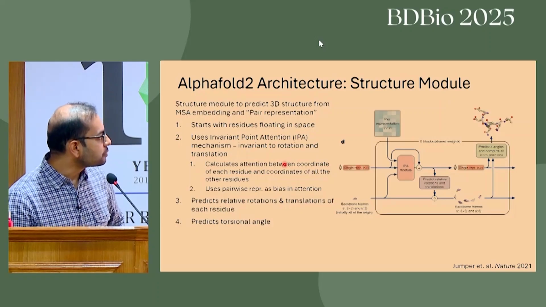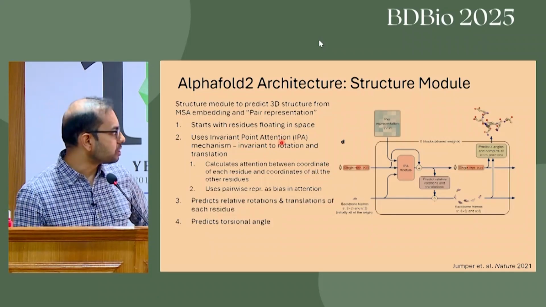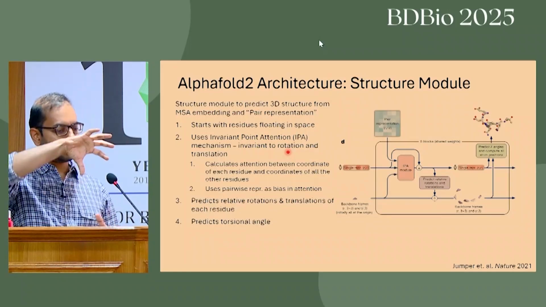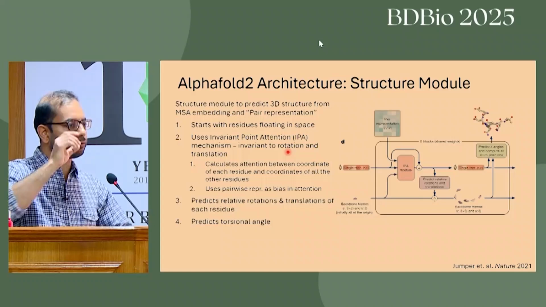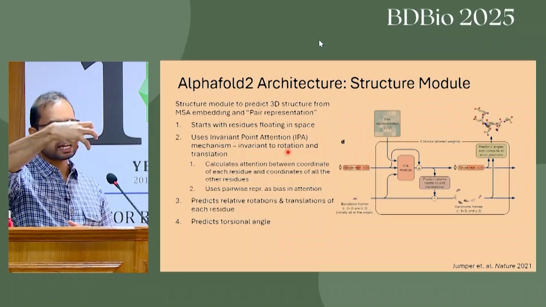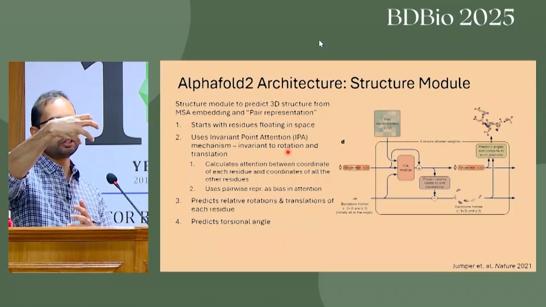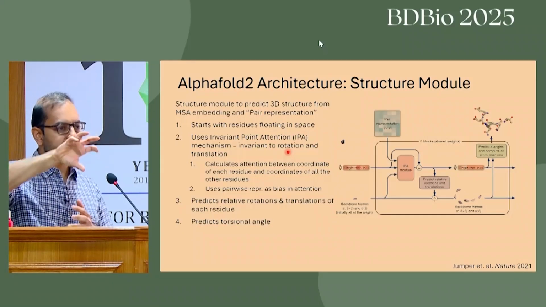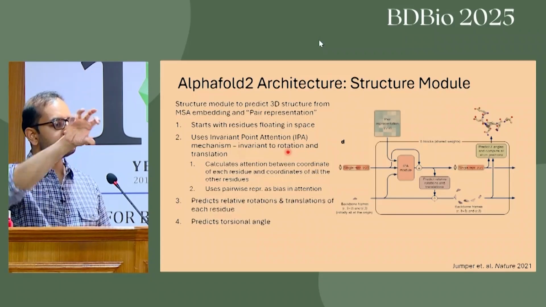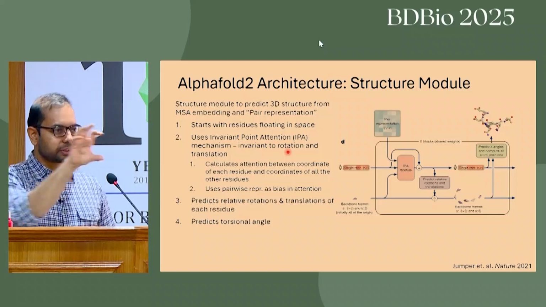And IPA stands for invariant point attention. The idea is that this module is invariant to rotations or translations of the structure. So if you have a structure, if it rotates this way, the structure hasn't really changed, right? You just see different coordinates, but the structure is still exactly the same. So you need a module which does not change when you change the orientation, or if you move things like this.